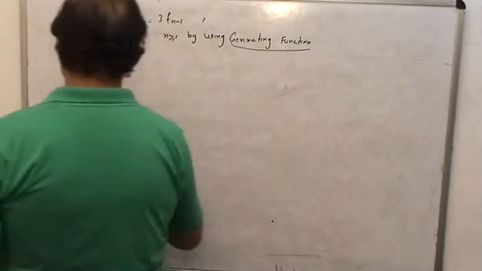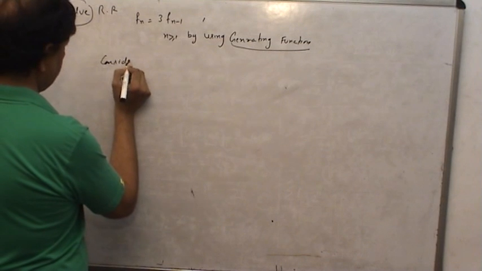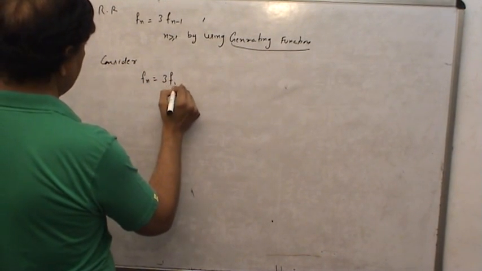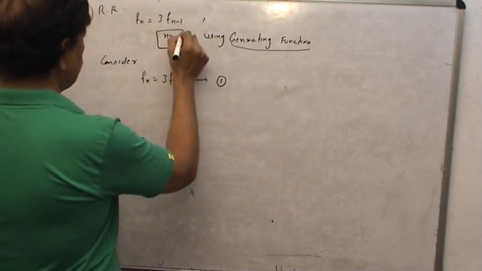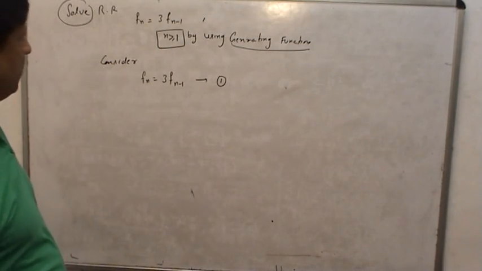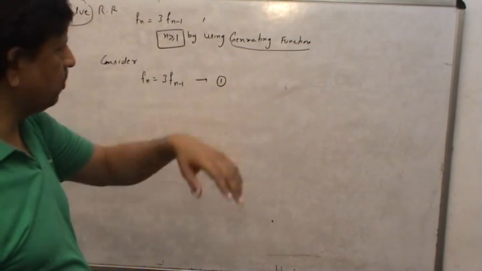We consider the given recurrence relation Fn is equal to 3 times Fn minus 1. It is the most important step for the generating function. Here the n varies from 1 and so on.